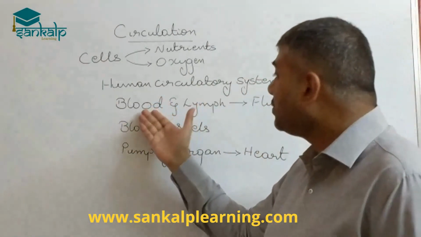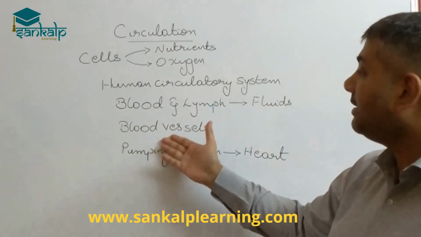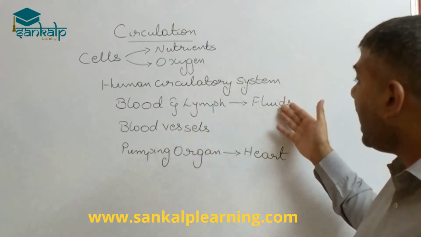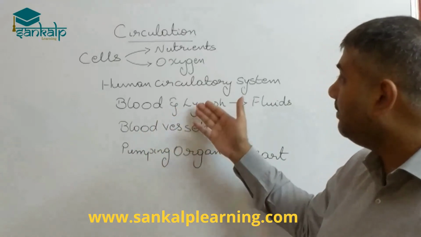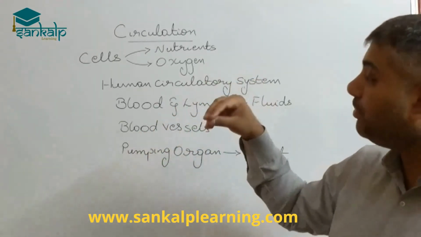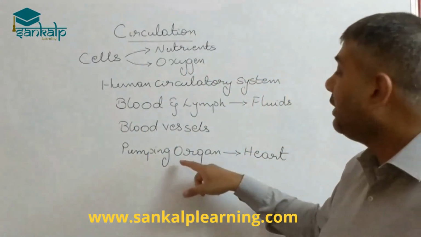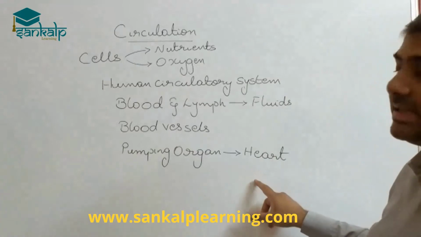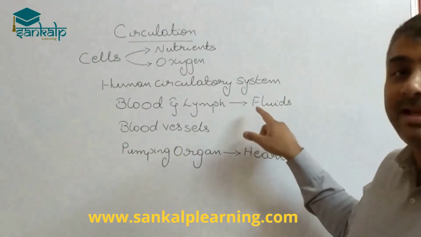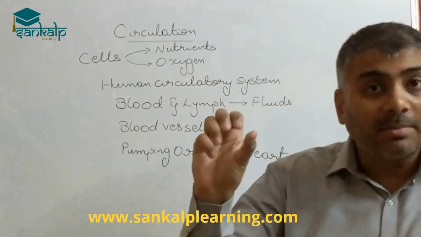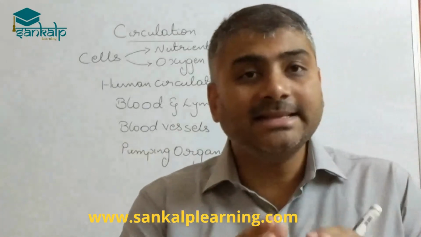So there is the presence of blood and lymph, which are called fluids, and we require blood vessels to carry these fluids, and the blood vessels carrying the blood and lymph have to pass these fluids with a greater pressure. So that's why you require a pumping organ, which is called the heart, which is going to take up the responsibility of pumping the fluid at a greater pressure so that it can pass through the blood vessels easily.